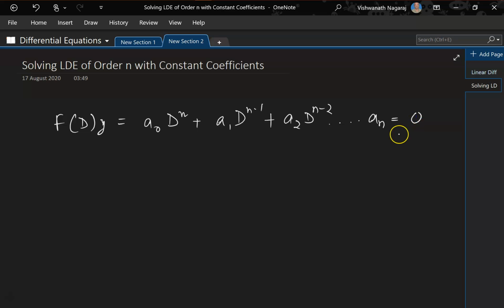So here the equation involves 0, so f of D y is equal to 0.